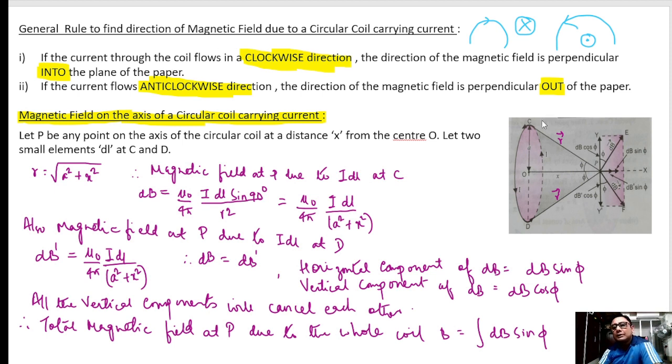This is a circular coil carrying current I. The radius is a, and I want to find out what is the magnetic field due to this wire at the point P, at a distance x. At P, what is the magnetic field due to this whole circular wire? Clear? So let us do this now.